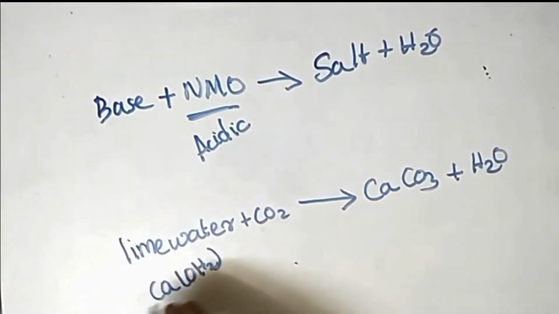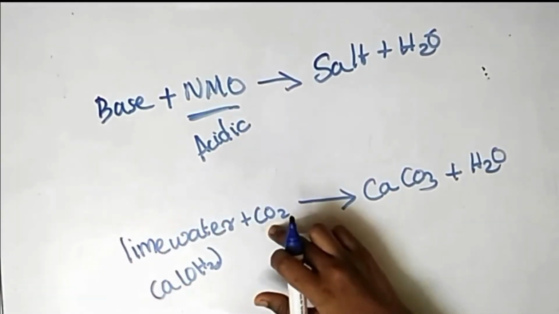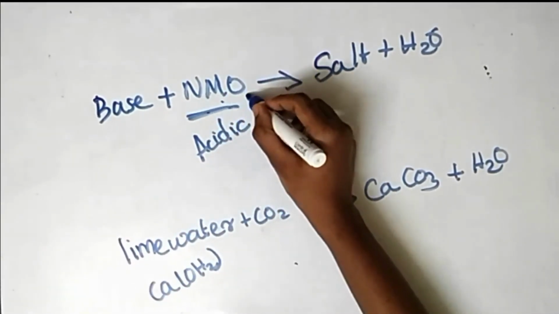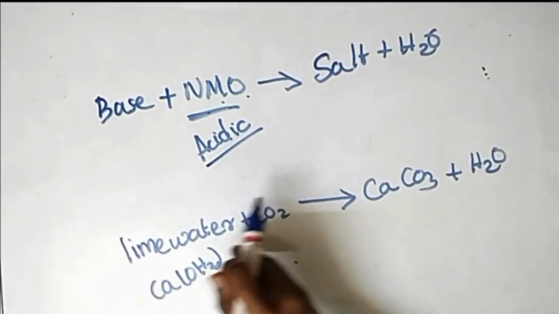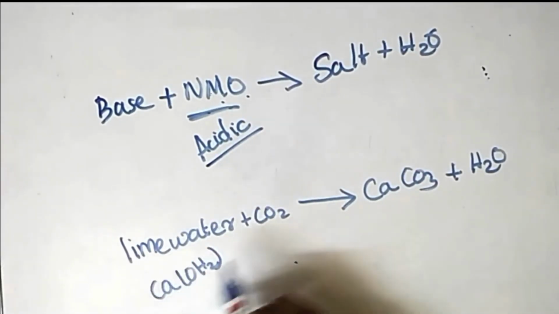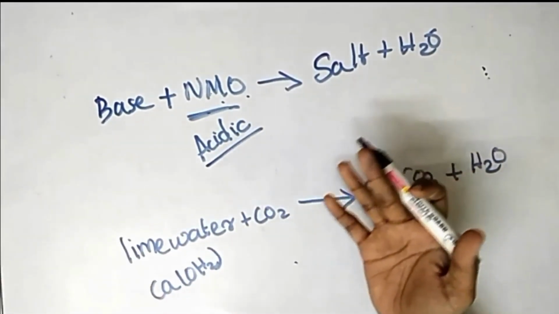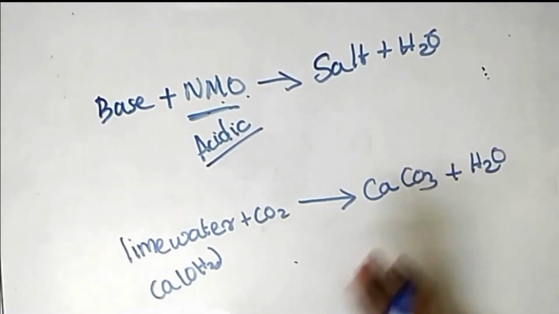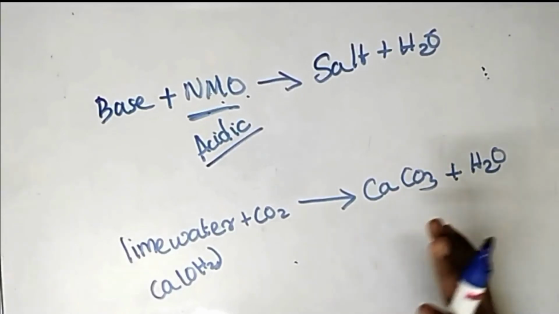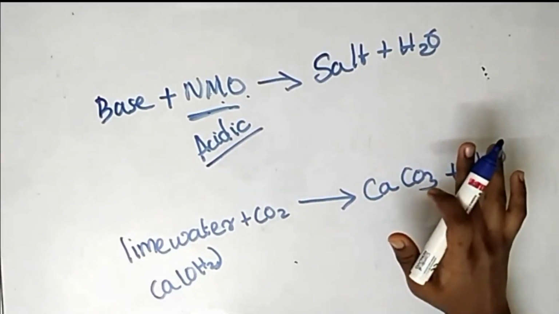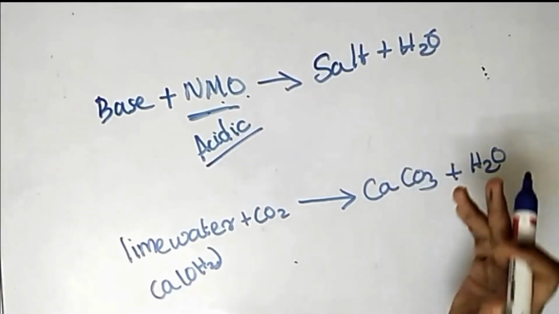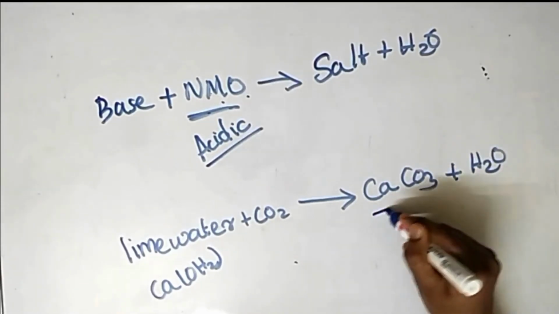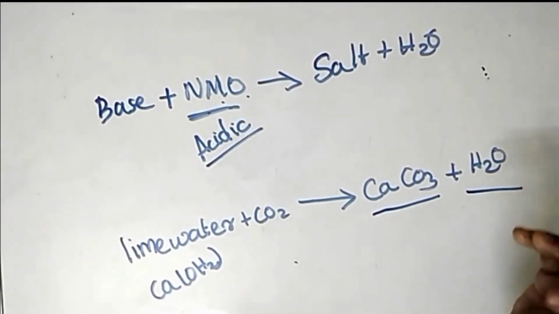Hydroxide is basic in nature and carbon dioxide is a non-metal oxide which is acidic in nature, and the acid and the base react with each other and neutralization happens. We obviously know that salt plus water is formed during the neutralization reaction. In every situation, when acid and base react together, only salt and water are formed. So calcium carbonate plus water is formed.